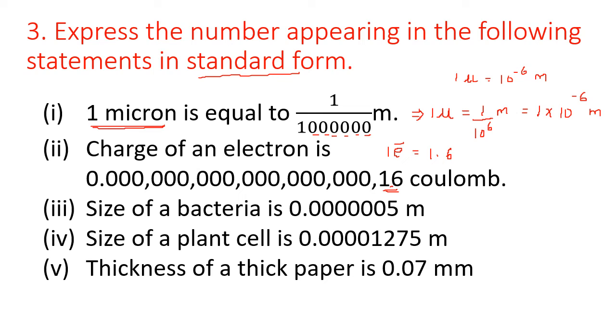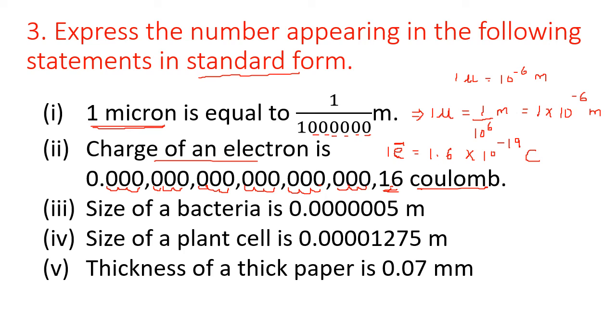So how many places? 1, 2, 3, 4, 5, 6, 7, 8, 9, 10, 11, 12, 13, 14, 15, 16, 17, 18 and 19. So it becomes 1.6 into 10 raised to minus 19, and for coulomb we can write a capital C. So the charge of an electron, showing the negative power, is 1.6 into 10 raised to minus 19 coulomb.